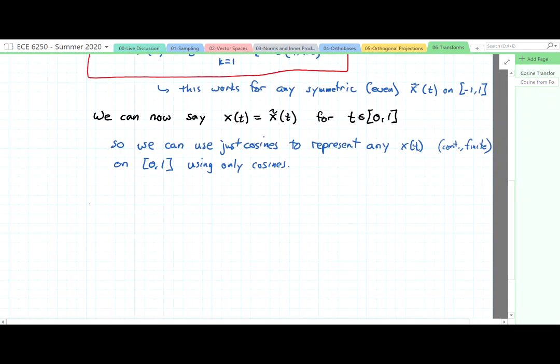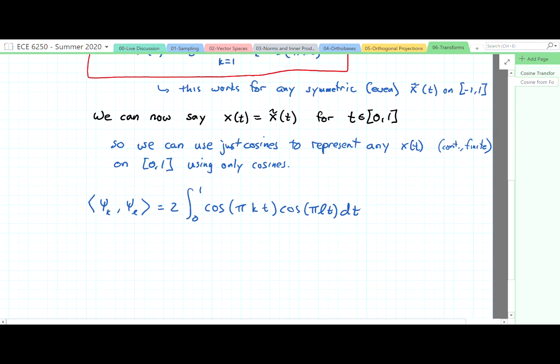And we can see that psi k, psi l, integral from 0 to 1, cosine, the 2 out front came because of the square root of 2 normalization in our definition, dt.